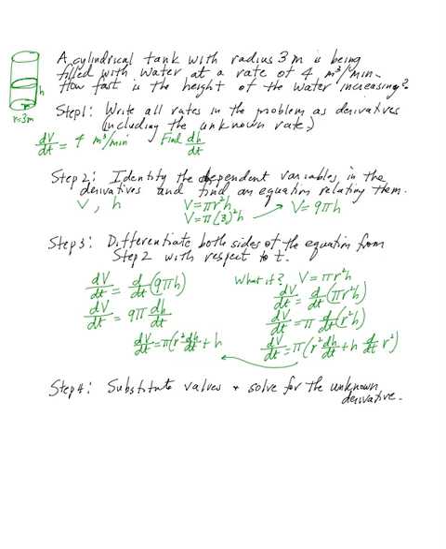I need the chain rule. That's 2r dr/dt. Again, the derivative with respect to t of r squared: derivative of the outside is 2r, the derivative of the inside is dr/dt.